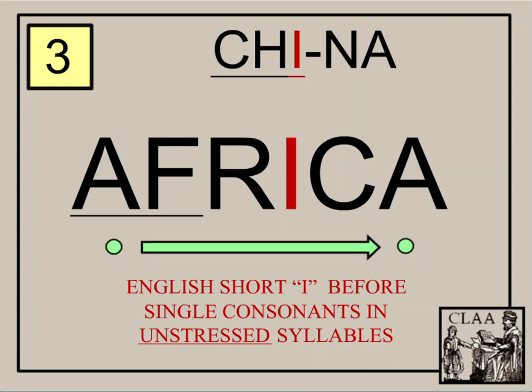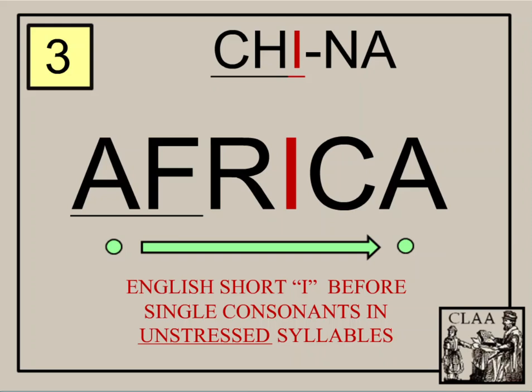Before, we studied the word China, and we said that the vowel I is pronounced with the long I sound because the vowel comes before a single consonant and because the vowel I was in a stressed syllable.